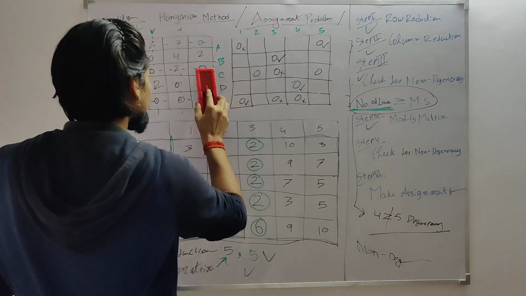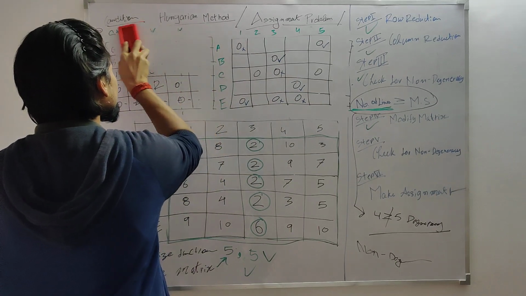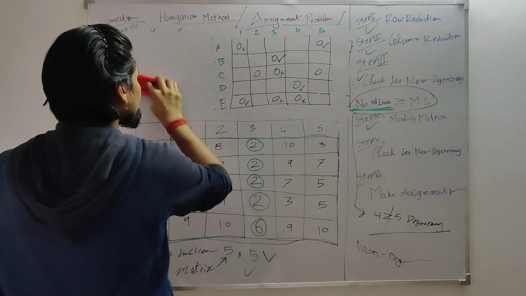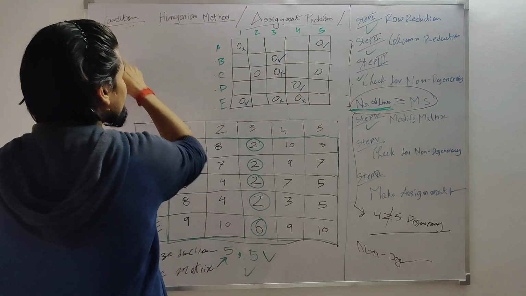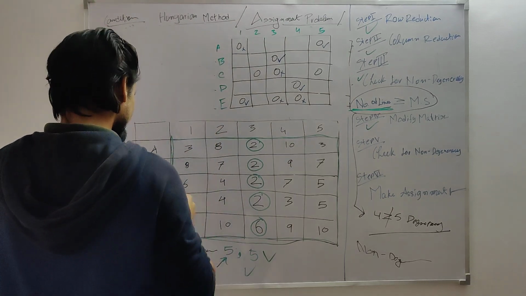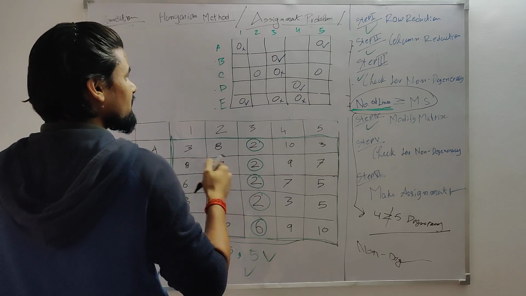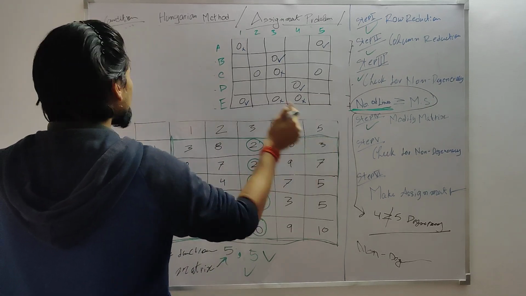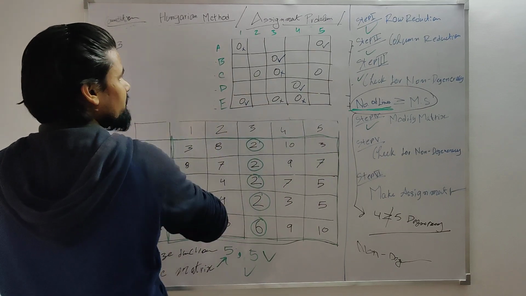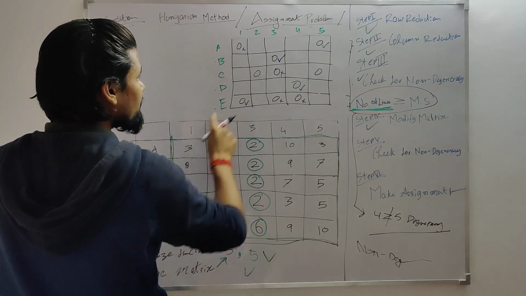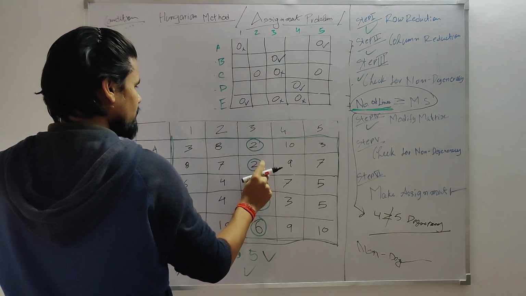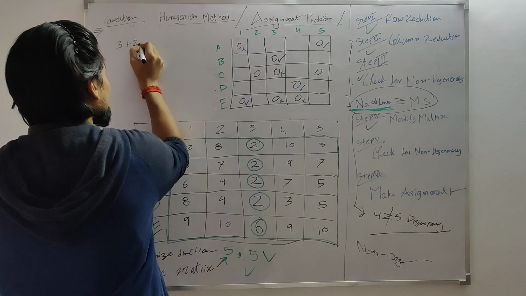This is the final step. From this we will see the number of hours. If A does job number 5, he will take 3 units of time. If B does job number 3, then he will take 2 units of time.